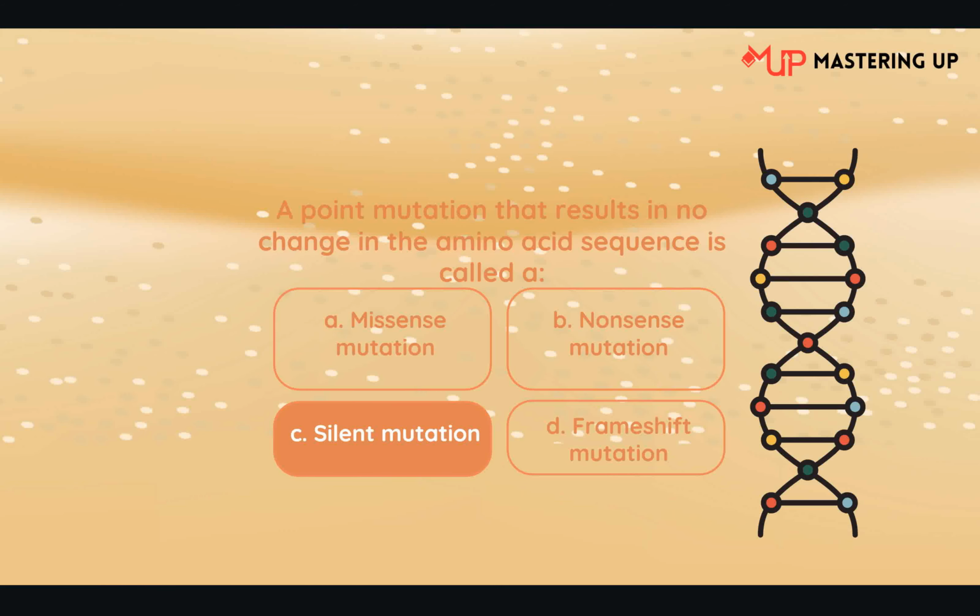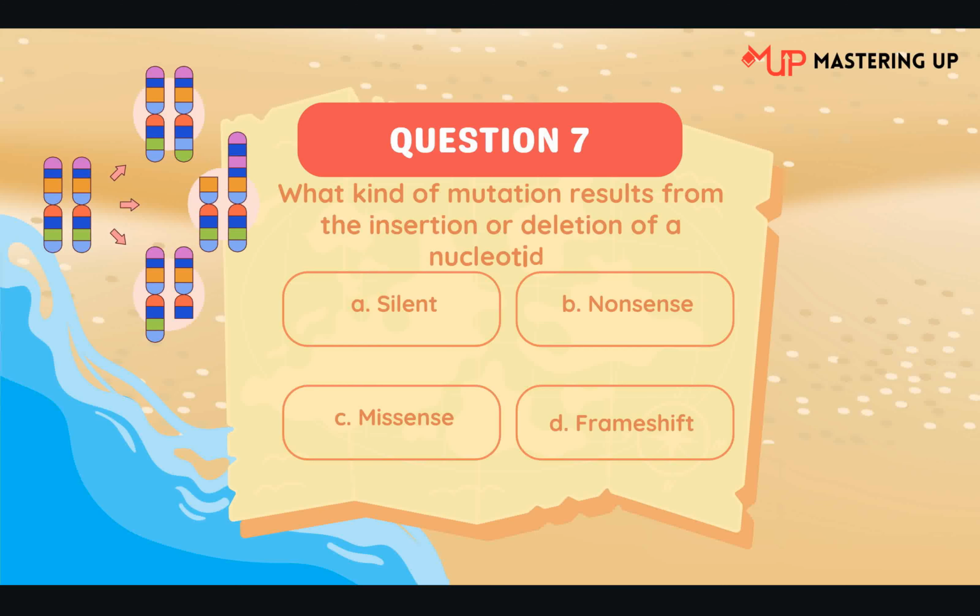If there is no change in the amino acid sequence, the point mutation is called a silent mutation. Let's move on to question 7. What kind of mutation results from the insertion or deletion of a nucleotide? Option A, silent. Option B, nonsense. Option C, missense. Option D, frameshift.